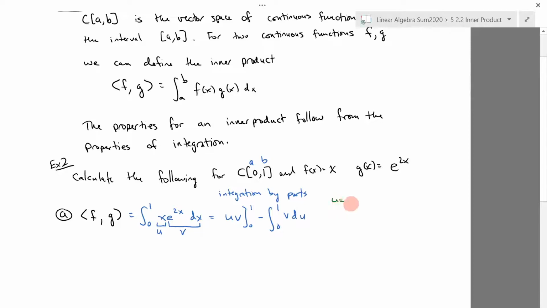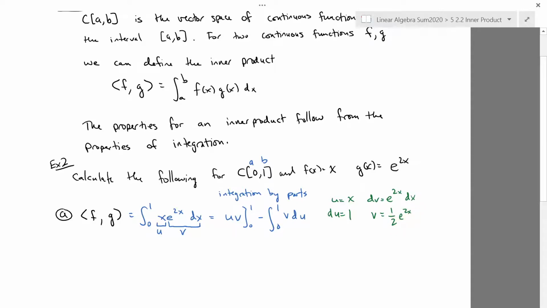So u is x, dv is e to the 2x dx. Now I need to calculate du for this part. The derivative of x is just 1. And then now I need to calculate v. So I integrate dv to get v. The integral of e to the 2x is 1/2 e to the 2x.